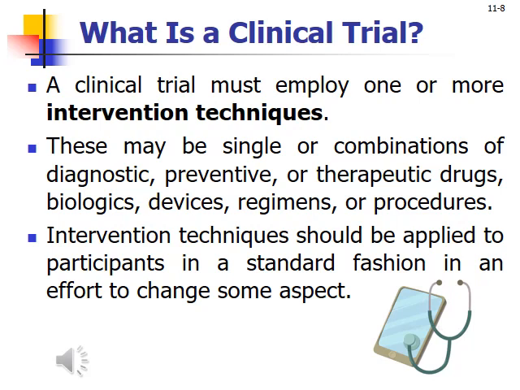A clinical trial must employ one or more intervention techniques. These may be single or combinations of diagnostic, preventive, or therapeutic drugs, biologics, devices, regimens, or procedures. Intervention techniques should be applied to participants in a standard fashion in an effort to change some aspect.